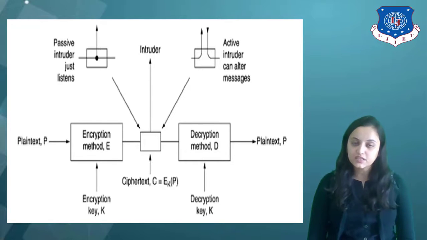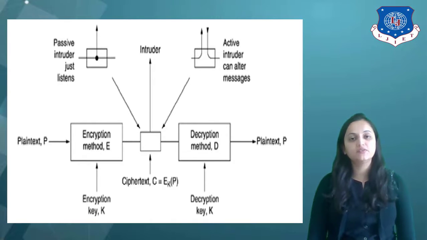Now at the receiver side, the decryption method D is applied. That means the plain text is obtained back using the decryption key K. Whatever key or logic is applied at the transmitter side, in the same way it is decoded at the receiver side to get the original text back.